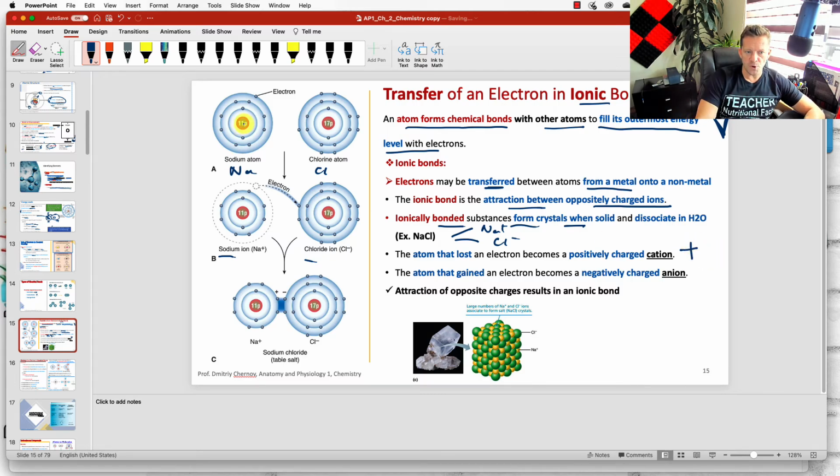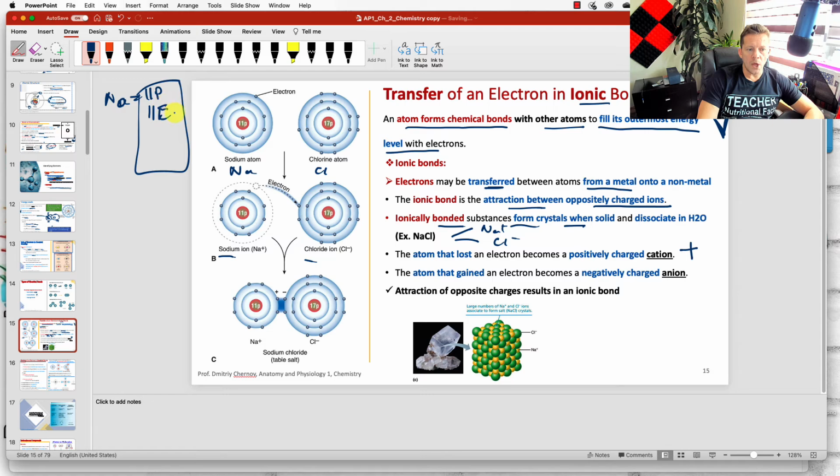So there's 11 protons in sodium. Let's say sodium has 11 protons. If sodium has 11 protons and the sodium is neutral on the periodic table, so the atomic number, let's say this is atomic number, also should have 11 electrons.